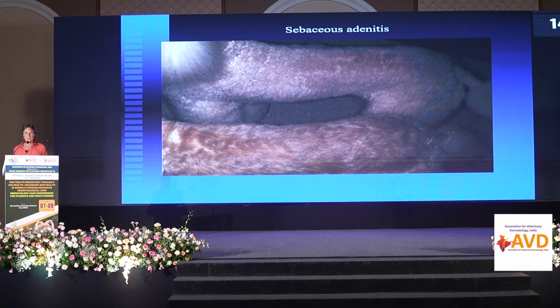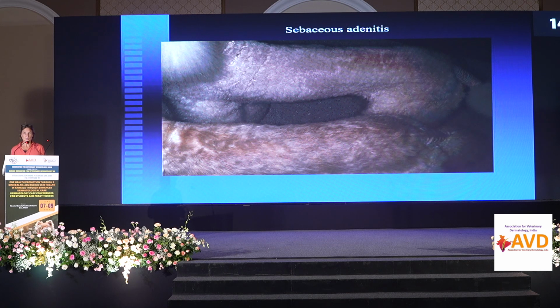Another situation that I'm sure you will see much more commonly is sebaceous adenitis. We'll talk more about sebaceous adenitis when we talk about crusting diseases, because it presents with scaling and so on, but in simply explained terms, it is an autoimmune disease where the sebaceous glands are attacked.